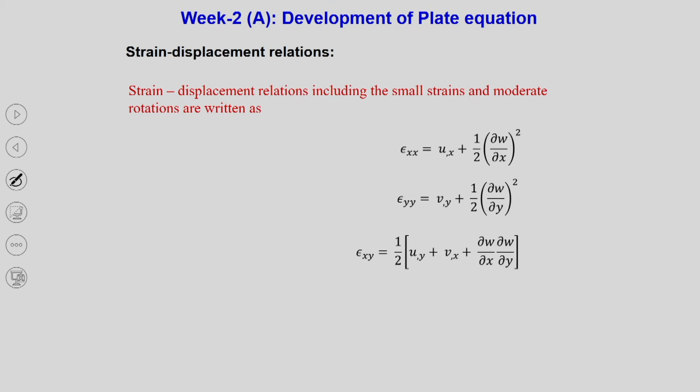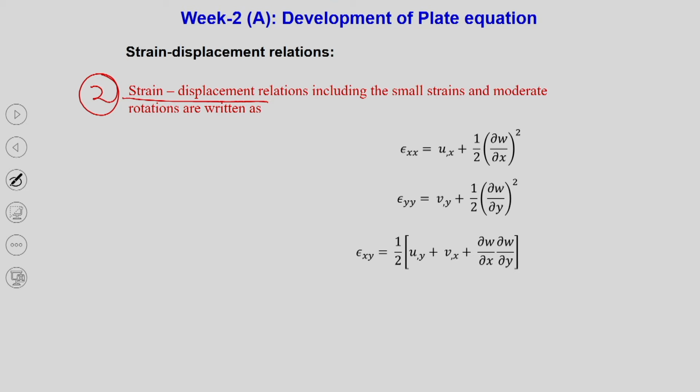Then what is our next step? The next step is to choose suitable strain displacement relations. This is also a very important step, where you have to choose as per your requirement whether you are going to consider the non-linear part or the linear part, some component or not, or you want to take it fully.